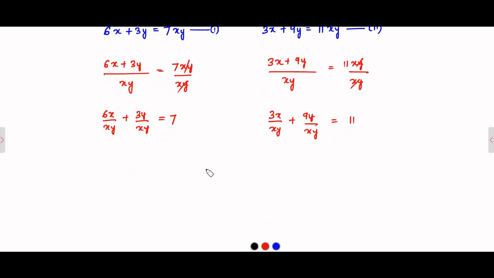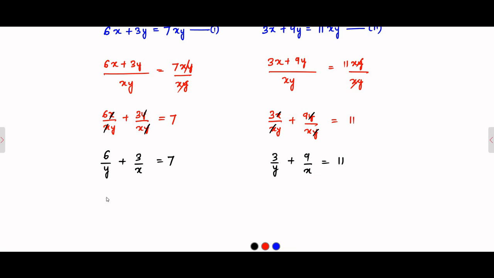We cancel the x here and the y here. So we have 6 by y plus 3 by x equal to 7, and here 3 by y plus 9 by x equal to 11. This is the format in which we get the equations, so we arrange them in a proper format.